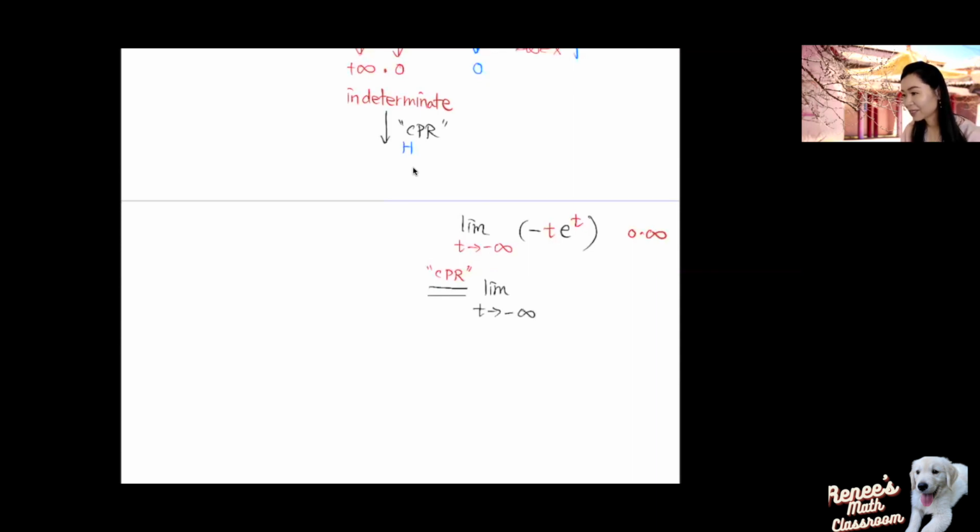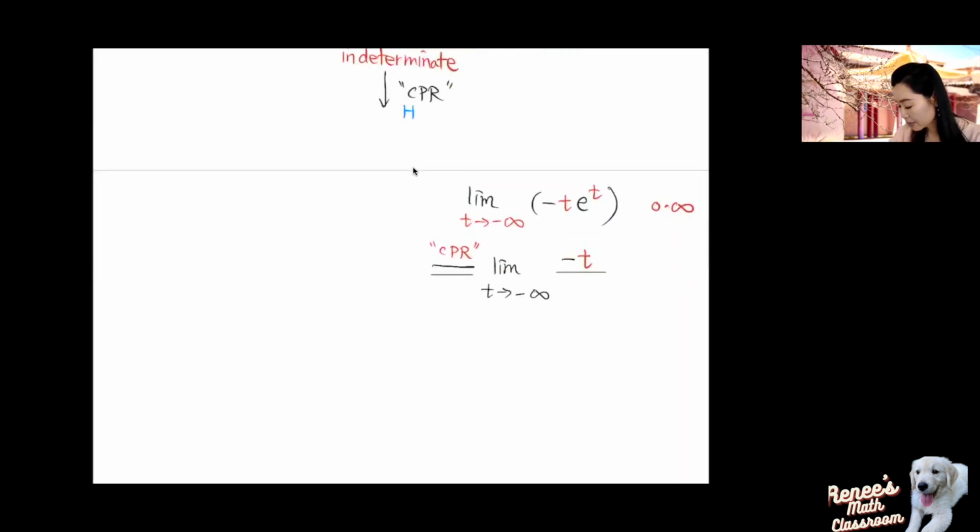When you have a 0 times infinity type, you keep one of the functions in the numerator on top. Over here, we keep negative t on top, and down here we divide by e to the negative t, the reciprocal of e to the t.